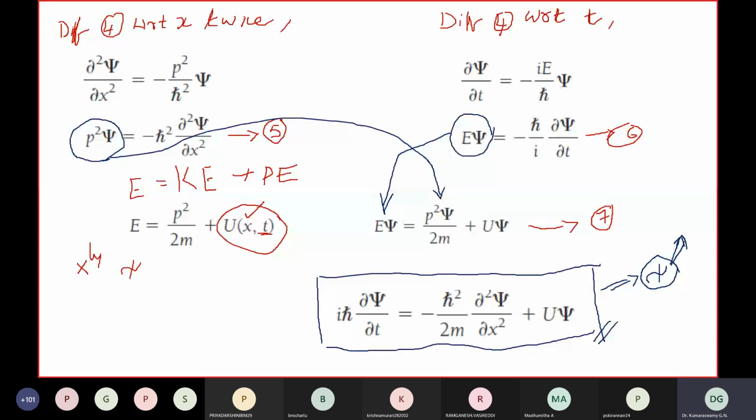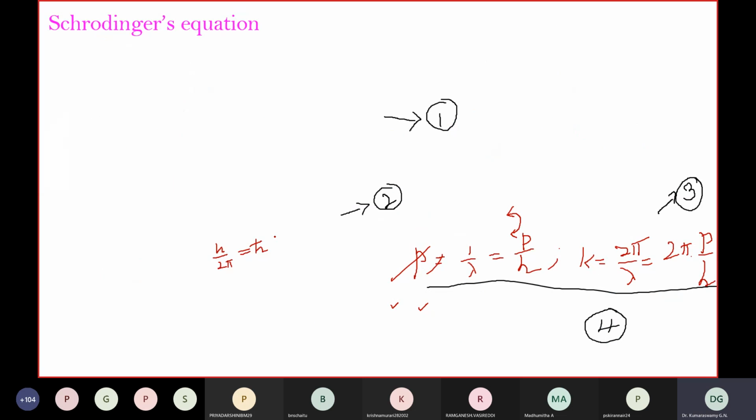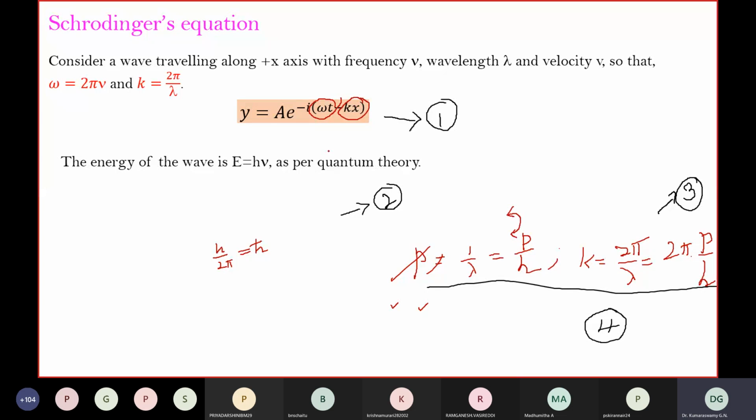In that case, the equation we considered in the previous slide, where we have the time dependent part and the position dependent part, the wave function may not depend explicitly on the time. It only depends on the position.